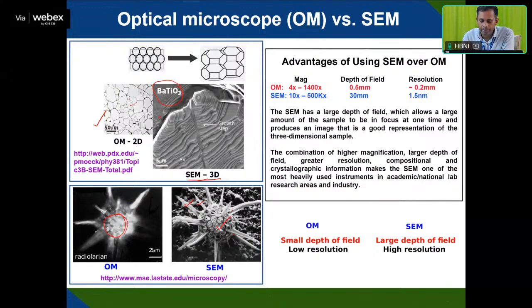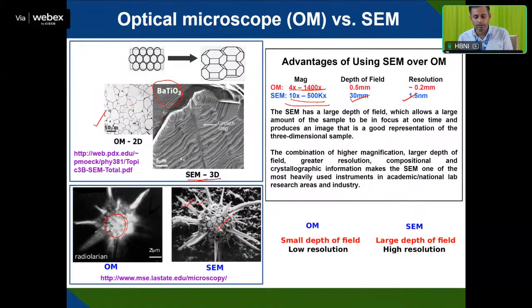In comparison to the optical microscope, SEM magnification is very high, 500 kx, whereas optical has only 1400x. In SEM, your depth of field is much higher and resolution is also quite good. SEM has a large depth of field, which allows a large amount of sample to be focused at one time and produces an image with good three-dimensional characteristics.